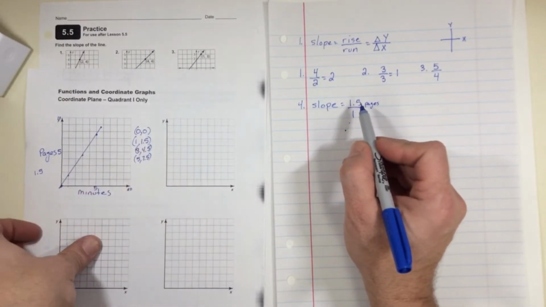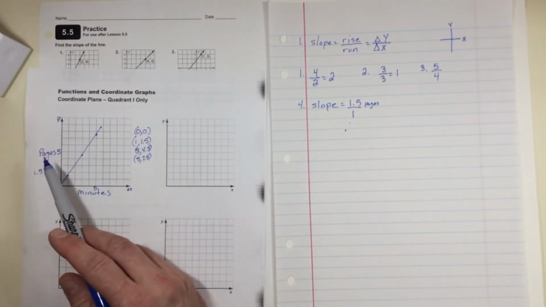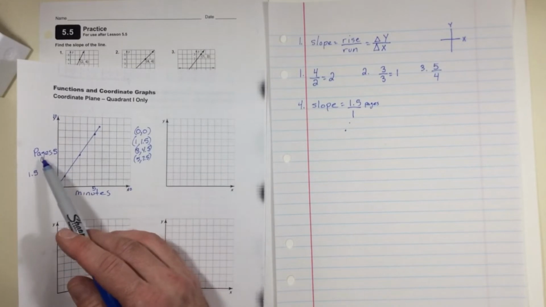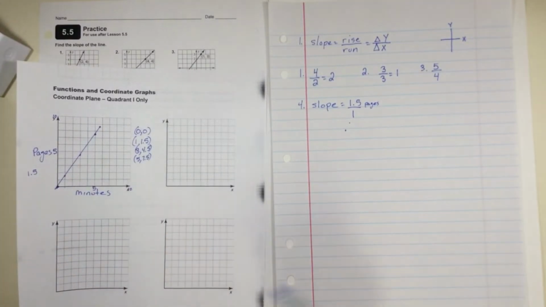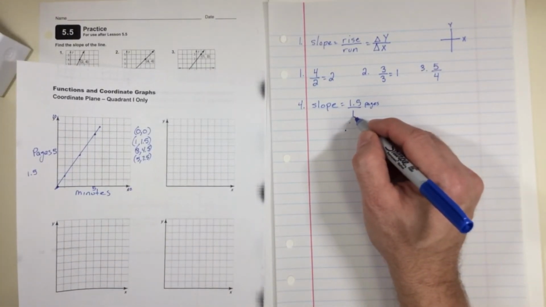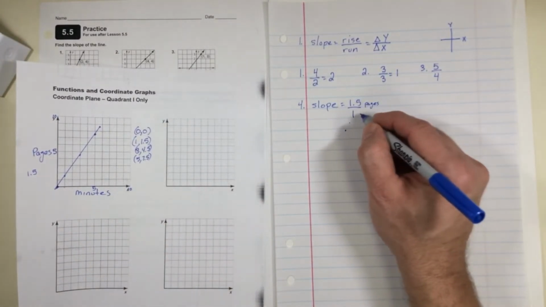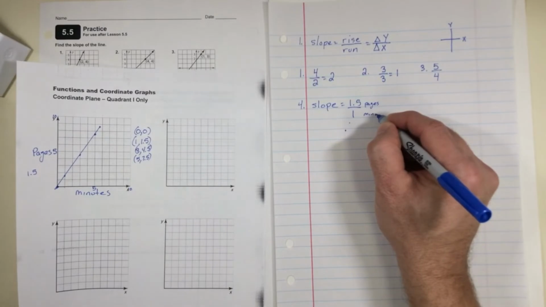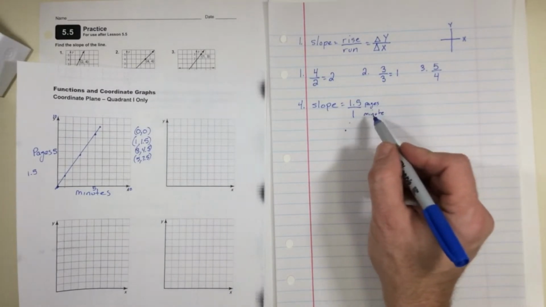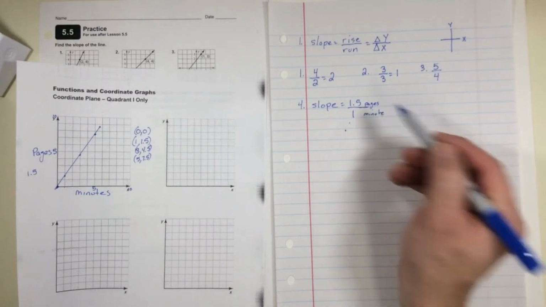Remember, change in y is on top. So we look at our y-axis label here, units, and then on the bottom, it's 1 minute. So 1.5 pages per 1 minute. When we put those units on there, that is interpreting the slope.